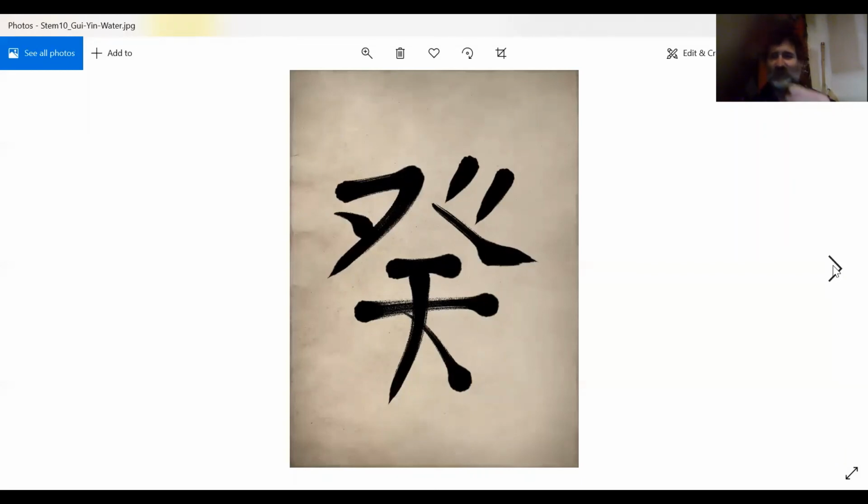Well, here's some yin water right here. And it also has some wood and everything else in it, but this gentle water. So these are the 10 heavenly stems.